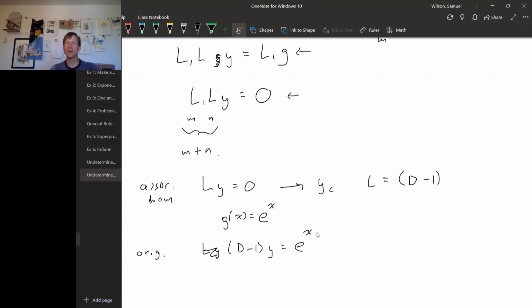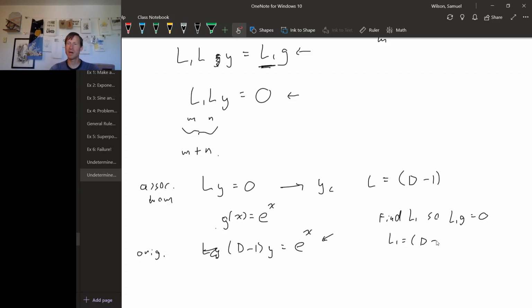Okay, so to turn this inhomogeneous equation into a higher order homogeneous equation, we have to figure out some operator that kills g. So we need to find L1 so that L1 g equals 0. But g is e to the x, so we know what L1 is.